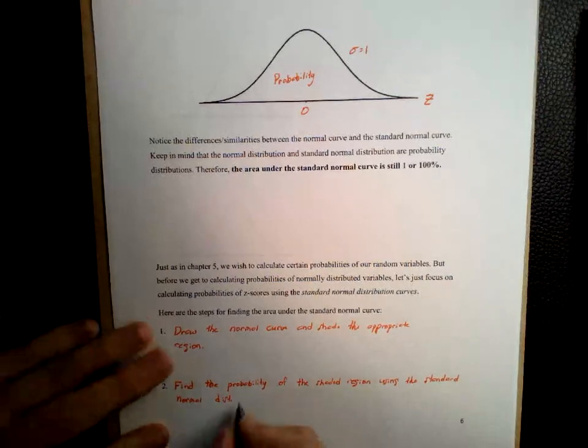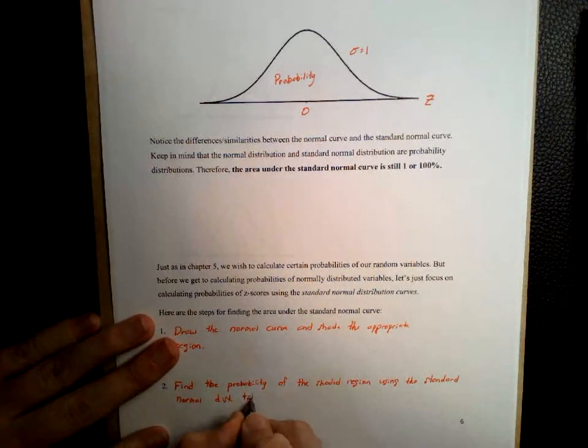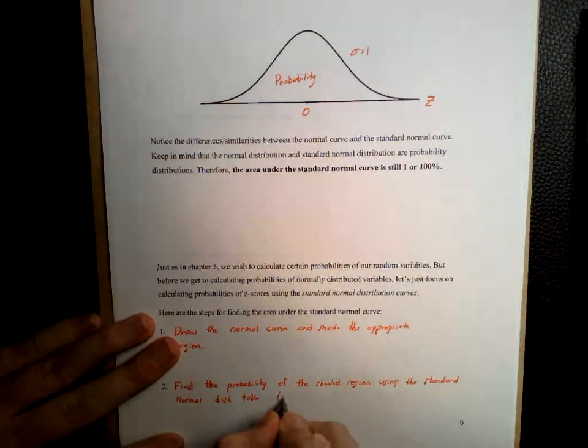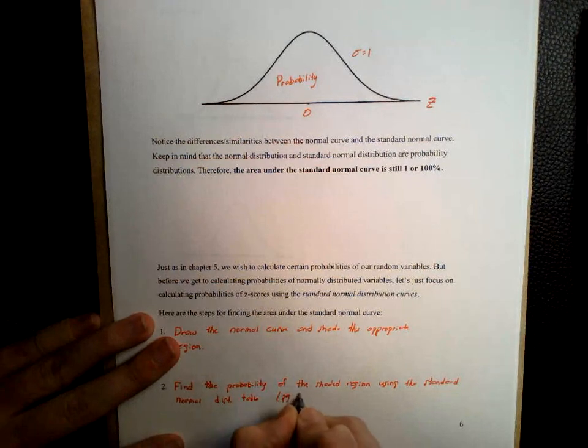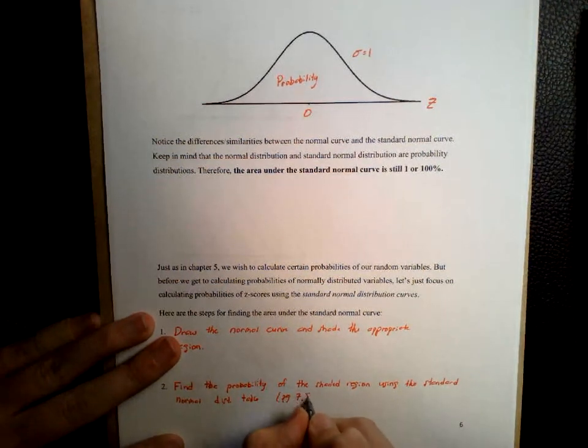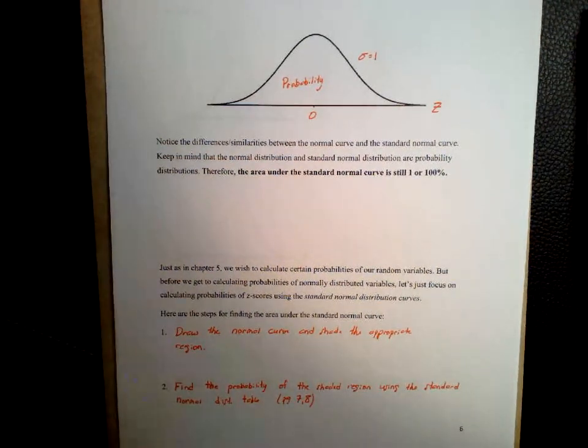So dist will be distribution table, and this is on pages 7 and 8 of the distribution tables packet on Canvas.